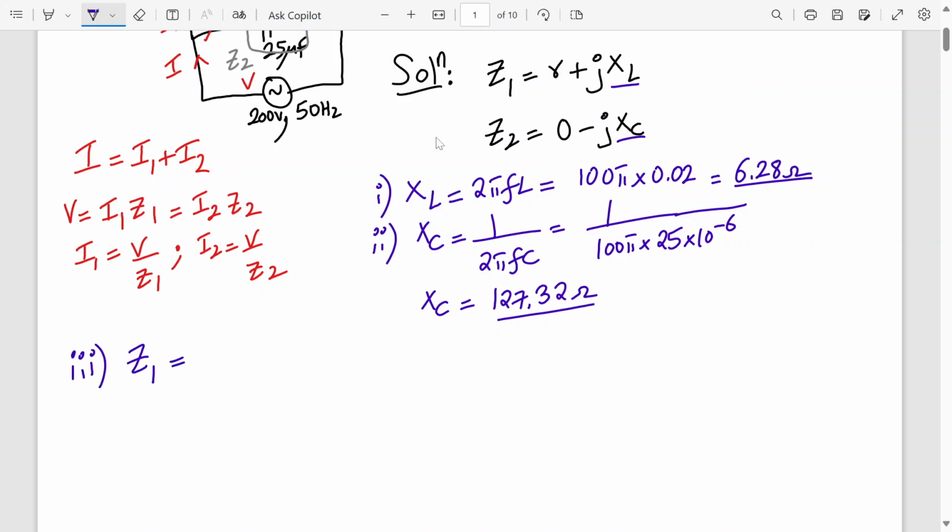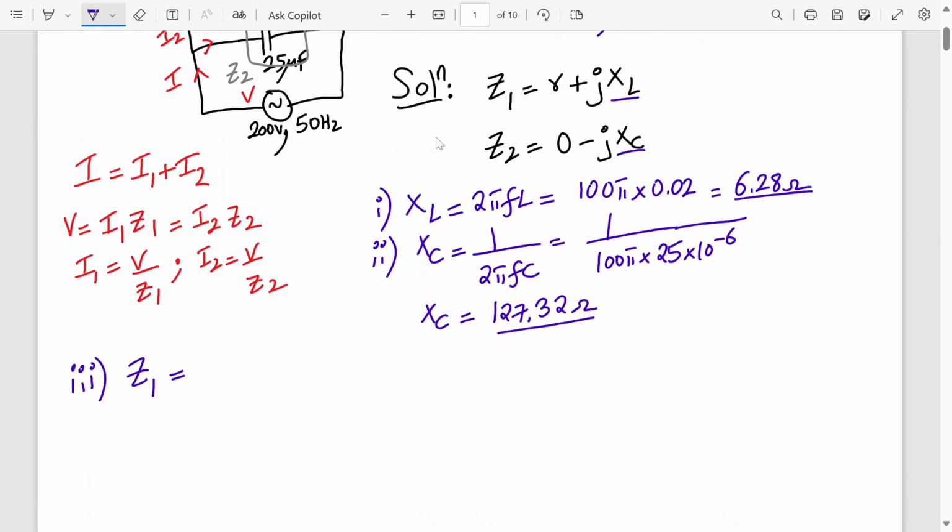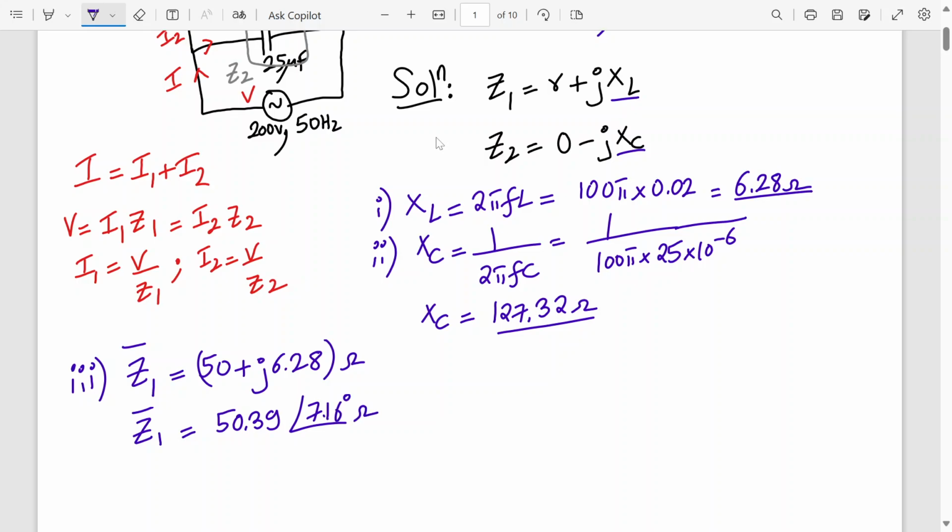Next we find the value of Z1. We rewrite the equation. R is 50 ohms, so it will be 50 plus j 6.28. This is in rectangular form. We can convert this into polar form by pressing shift polar in your calculator. That will come out to be 50.39 at an angle 7.16 degrees.